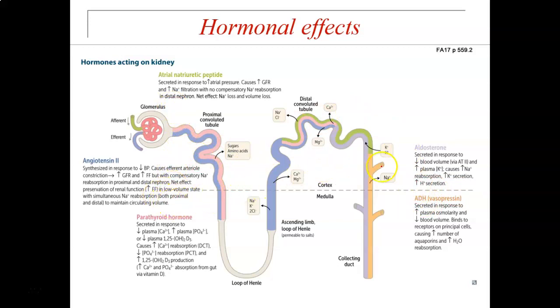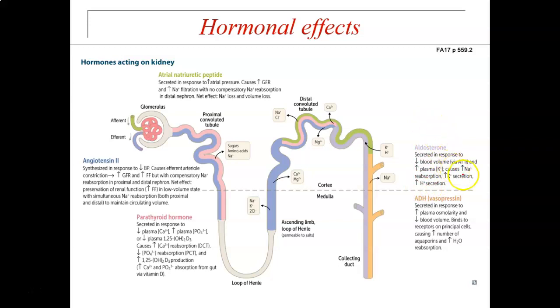Let's look at aldosterone first, because that one we talked about probably the most. We just talked about it last class. It's secreted in response to decreased blood volume, which causes a reabsorption of sodium, as well as increased secretion of potassium and hydrogen.